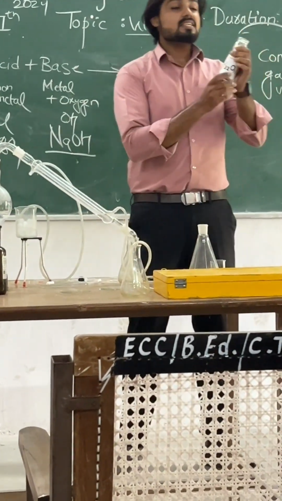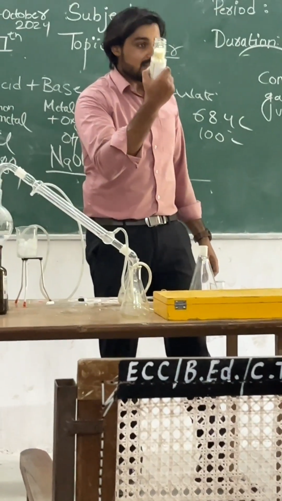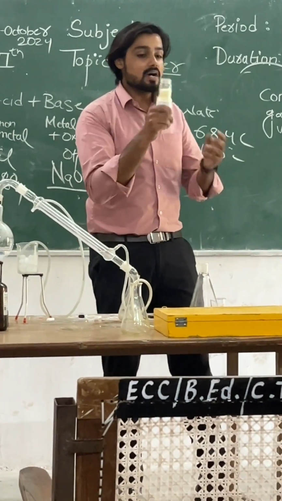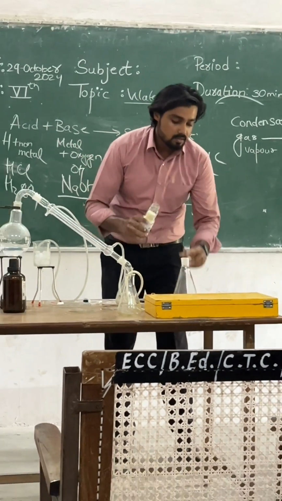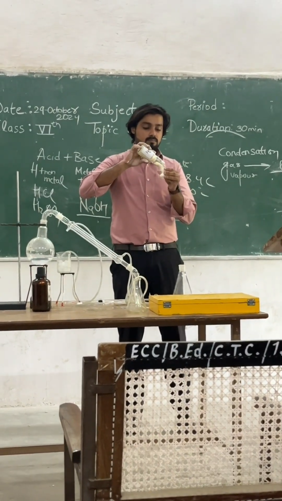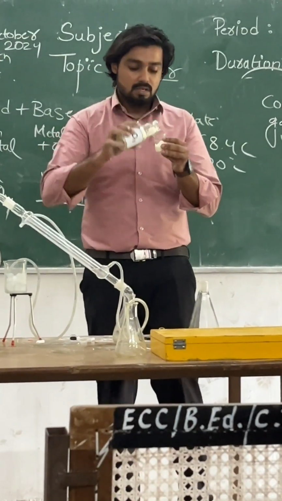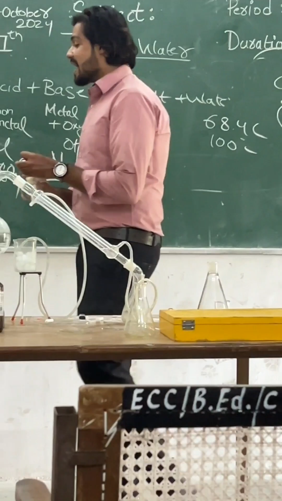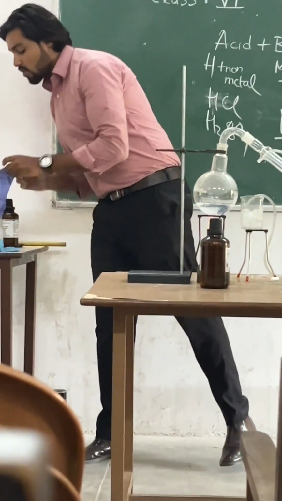So, this is C12H22O11, which is cane sugar, in powder form. Now, first of all, I am going to wear gloves for my protection.